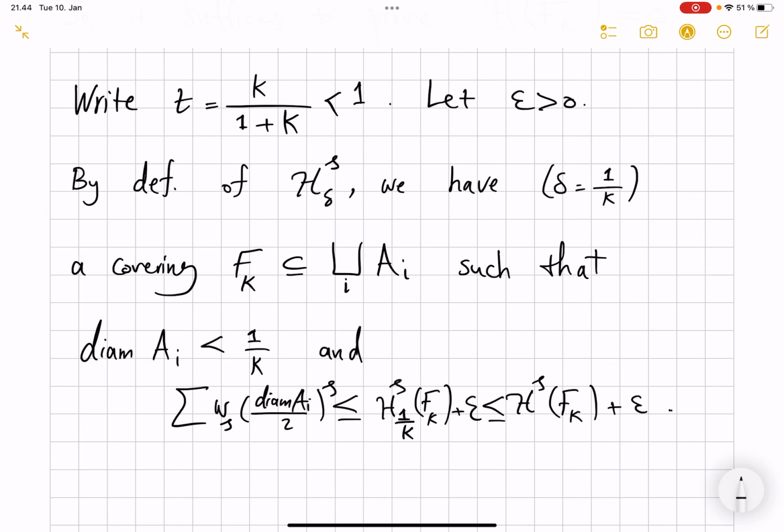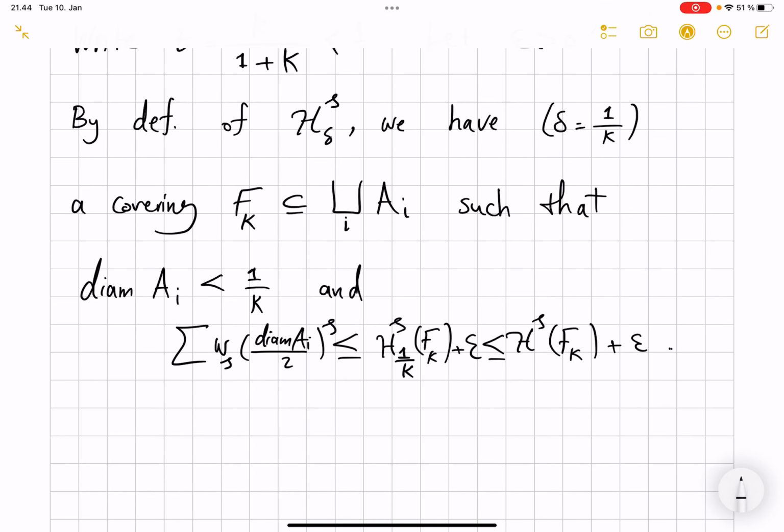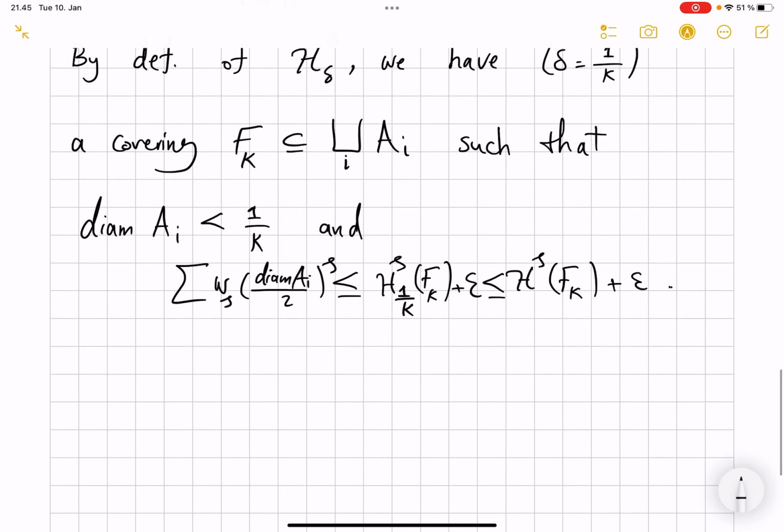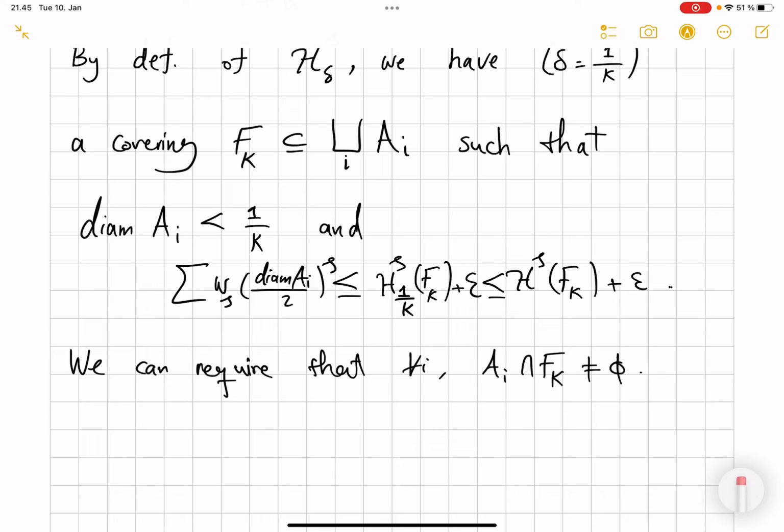So we can find a covering with this property, and there's nothing special here if you recall the definition of Hausdorff measure and content. We can require, without loss of generality, that for every Ai, the intersection with this Fk is non-empty. So for the rest of this proof, we have fixed k, and the indexing now is I, which is the covering of Fk.